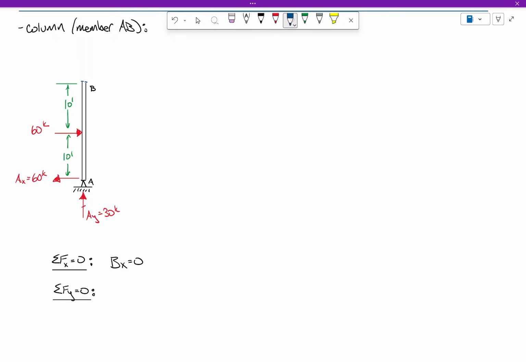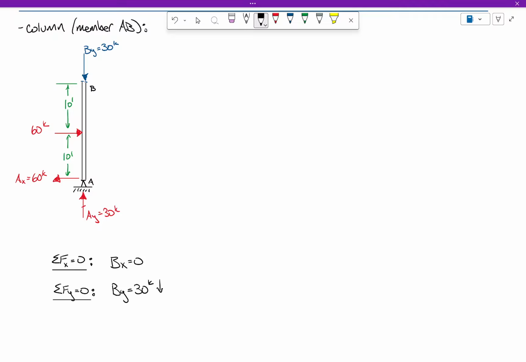So that means that member has to have, so we're close. That's going to keep the structure in equilibrium, okay, vertically, okay? So is this column, by the way, is it experiencing compression or tension? Compression. It's in compression. The column's being squished, right? I mean, it's a column. That's probably going to happen, okay?